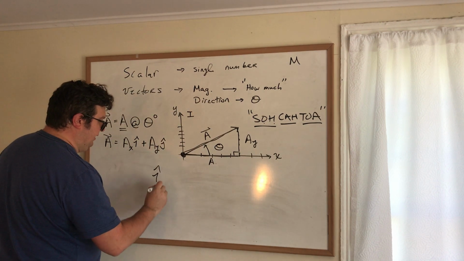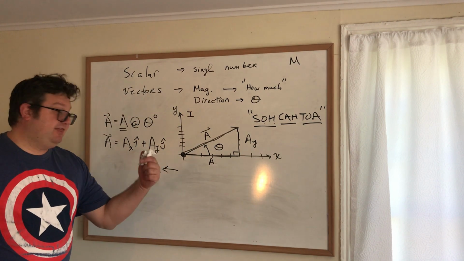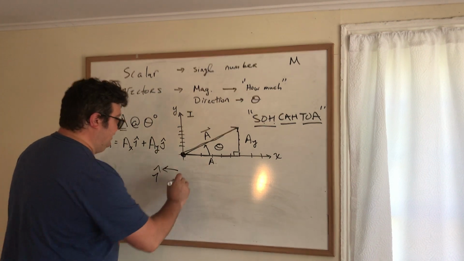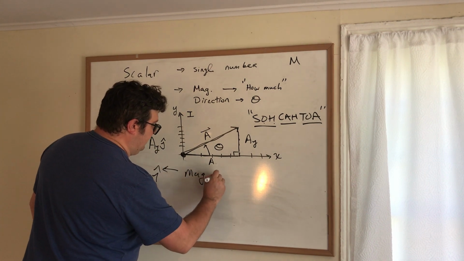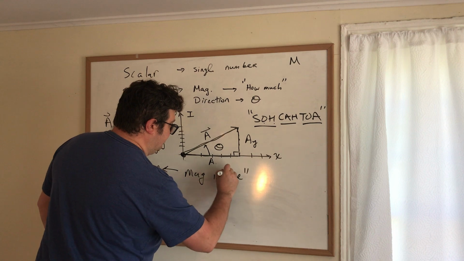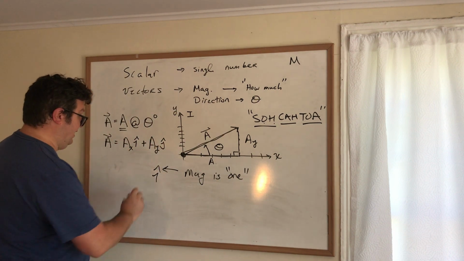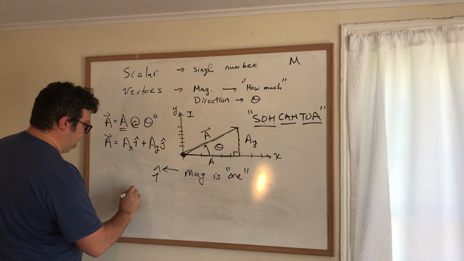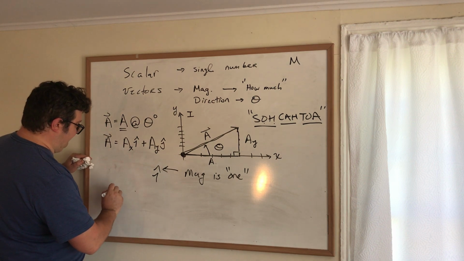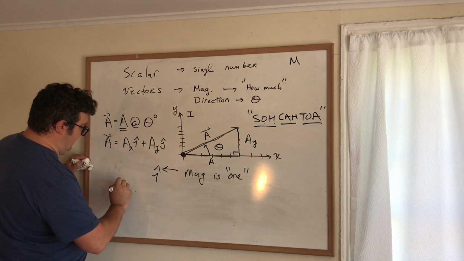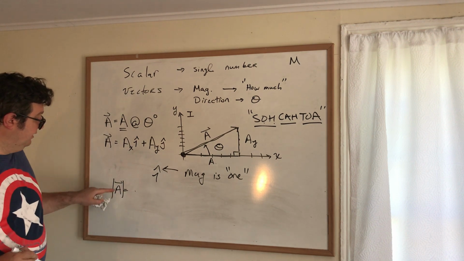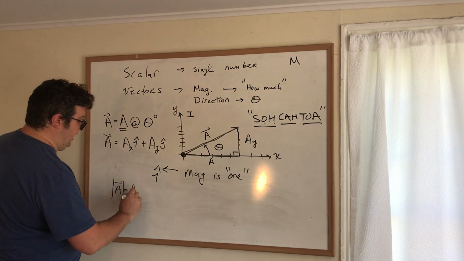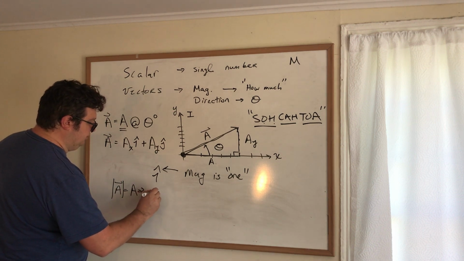I hat. First off, anything with that kind of hat, the magnitude is 1. It's a vector, right? So if I write its magnitude, you can write a magnitude of a vector like this, 2 lines, this is equal to A, which is the magnitude.